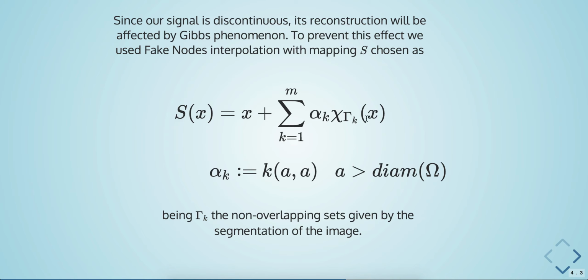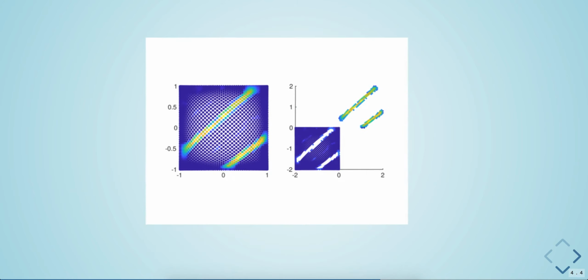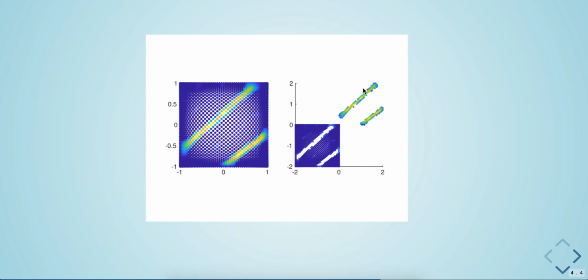So we made a segmentation of our image based on the data we have, and we simply moved the sampling points in a way that they do not overlap and that different areas of the segmentation are distant one from the other.